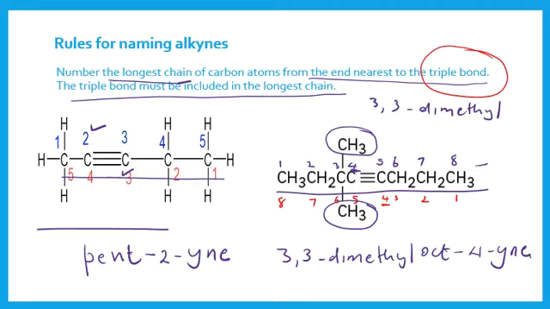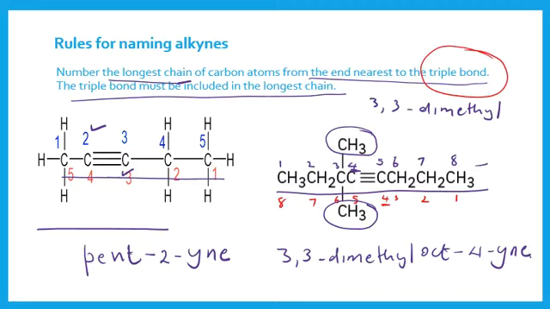Is it the purple one or the red one? The rule says the triple bond must get the lowest number. So which numbering gives the triple bond the lowest number? If we look at the purple one, the triple bond is on carbon number 4.